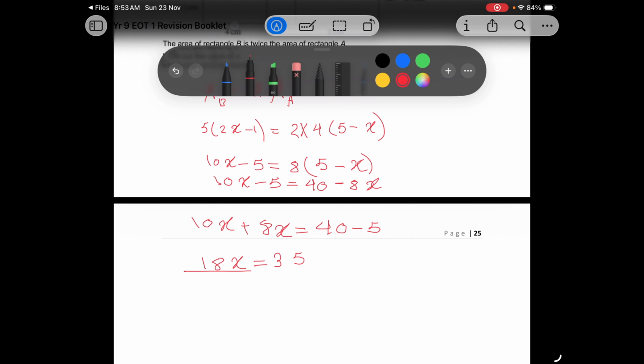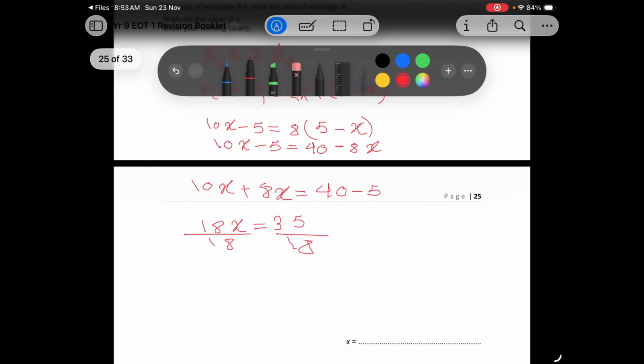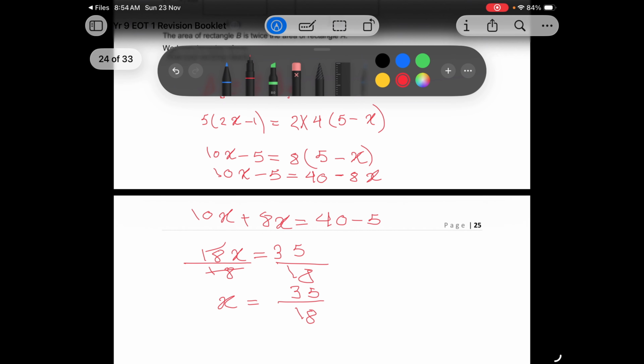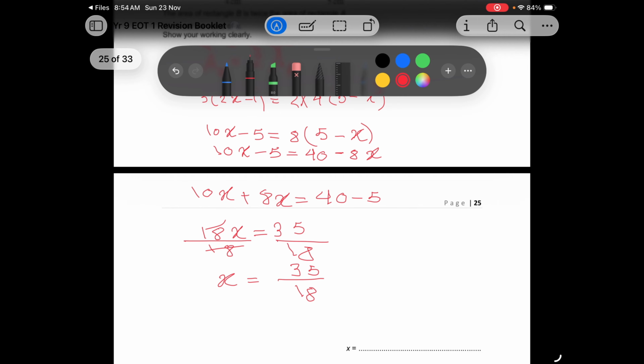I can simply divide this by 18, divide this by 18. I don't see a simplification. We don't have to expect a lot. So it will be 35 over 18, and this is the value of x. You can write this as a fraction or decimal, the way you like.